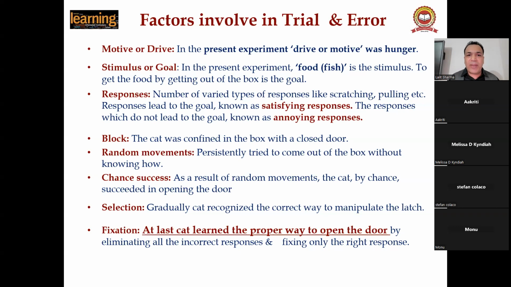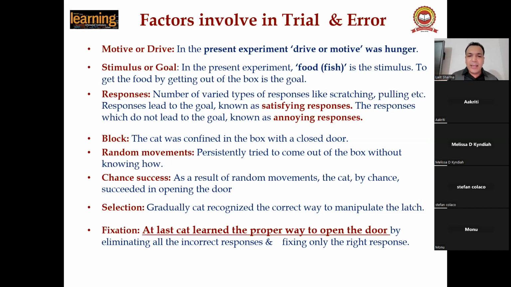Responses. A number of varied types of responses like scratching, pulling, hitting her head. Responses that lead to the goal are known as satisfying responses. The responses which do not lead to the goal are known as annoying responses. So what happened? Block. The cat was confined in the box with a closed door.